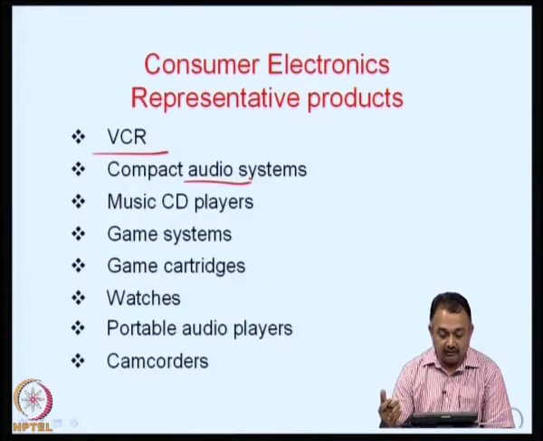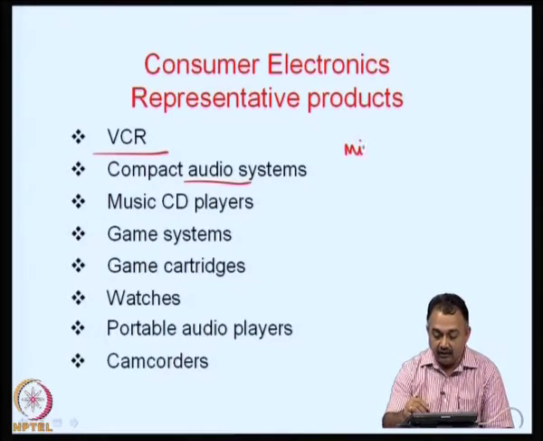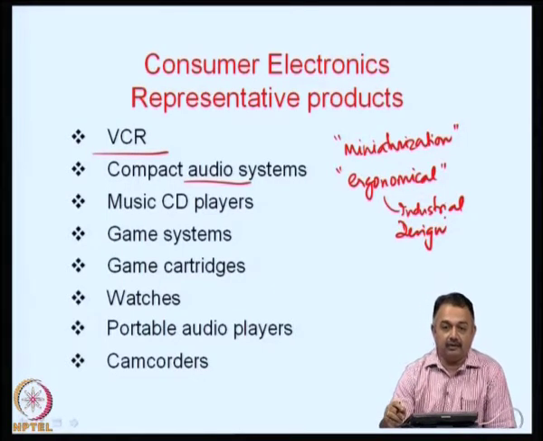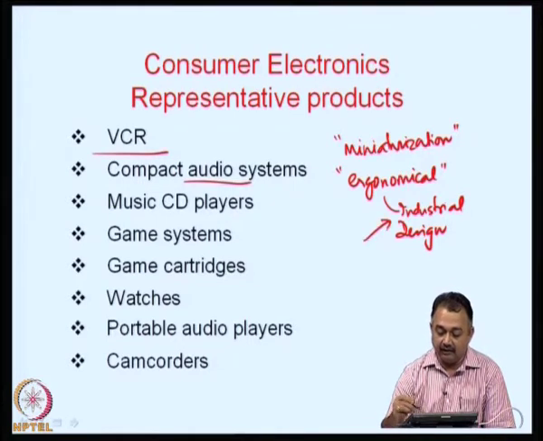You can recollect large audio systems and players that were present over the last 5 years, but here again you have seen a large growth, and we have seen miniaturization, compactness, and more ergonomic design. By ergonomic, I mean user friendliness, man to machine friendly design. So, a lot of industrial design also goes into this. Upfront I would like to say that when a product is packaged, you also take care of industrial design, or you can say mechanical design.